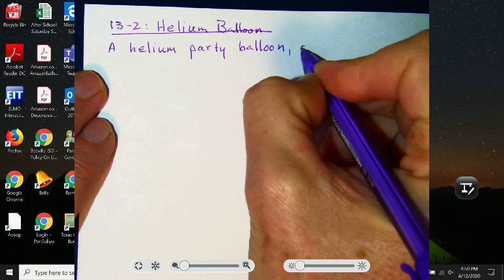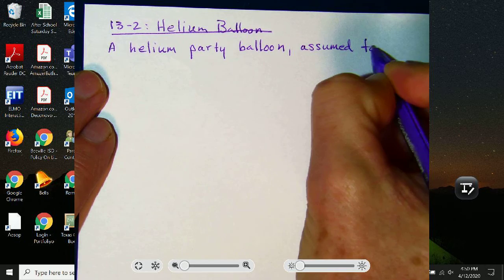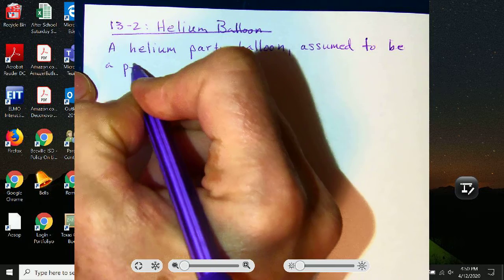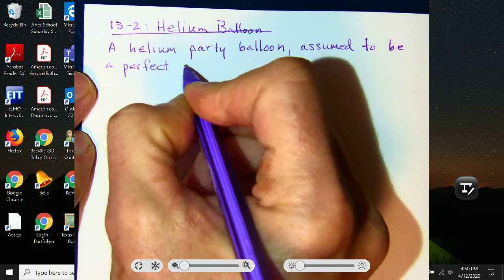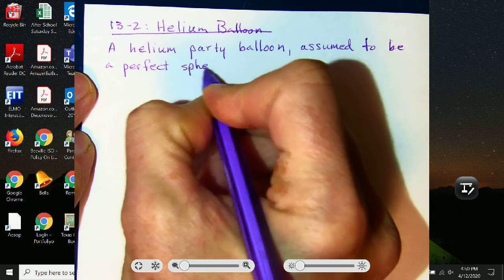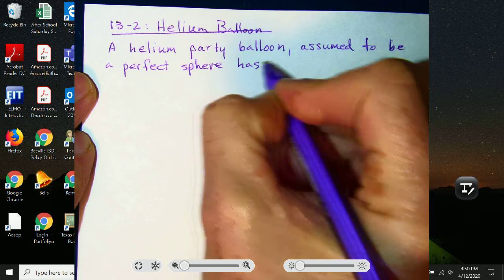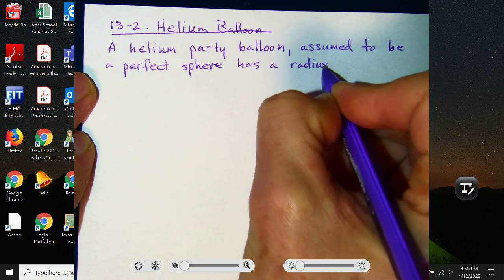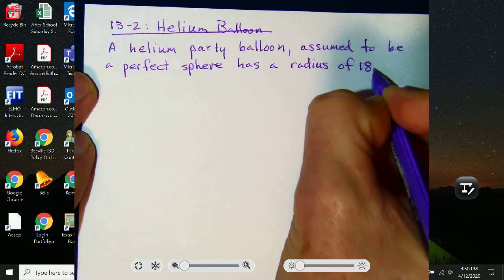Assumed to be a perfect sphere. Has a radius of 18 centimeters.